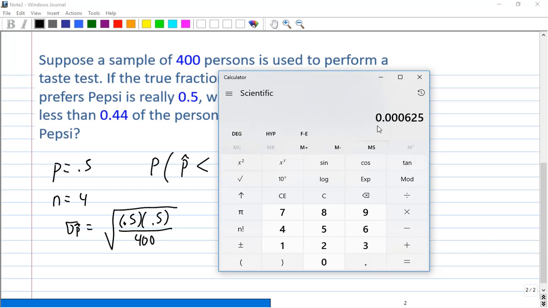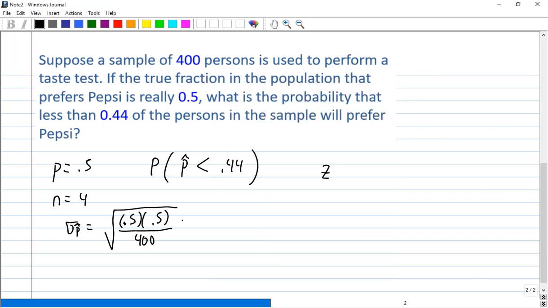All right. So you can see that's a super small number, but what do I have to remember to do? Take the square root. It's still pretty small, but now it's a little larger than it was. So 0.025. All right. So remember, our formula is going to be p hat minus p over sigma sub p hat.